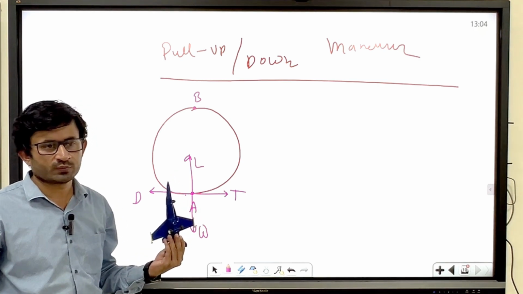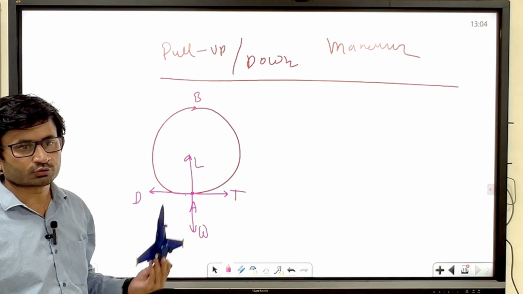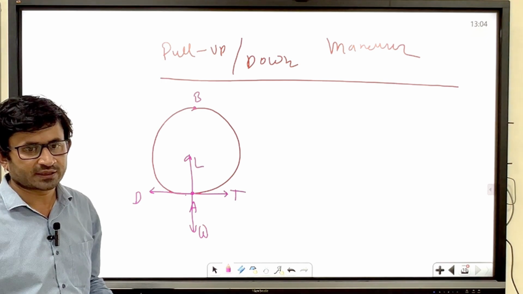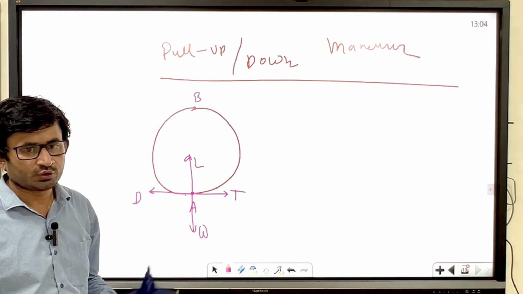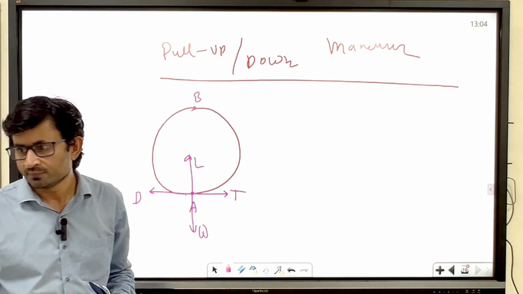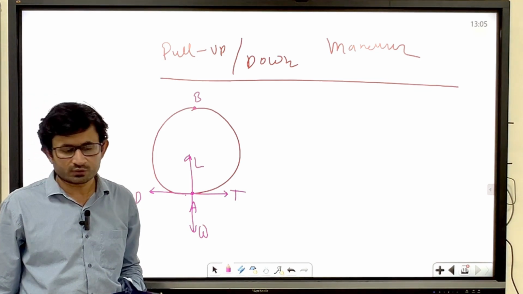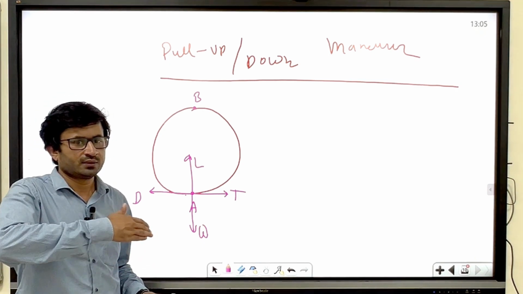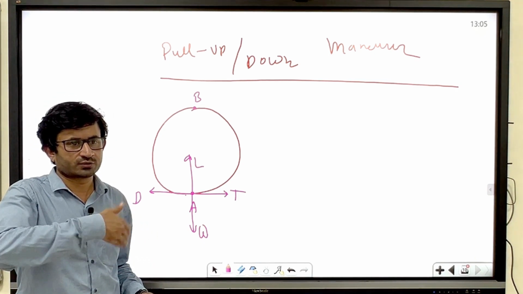So what is the difference between climb and pull up? In pull up also you put the maximum throttle or some throttle setting which is greater than the power required in the cruise, and you will get the excess power and you will get the climb. But here what you are doing, you are putting the maximum throttle and you are rotating the elevator also.